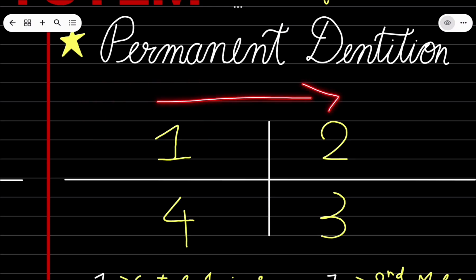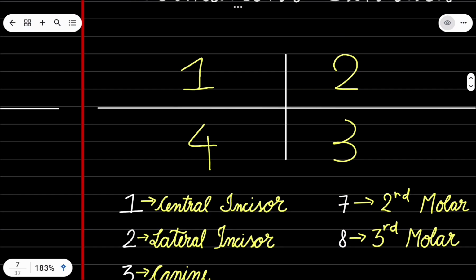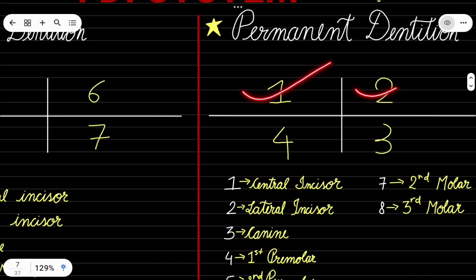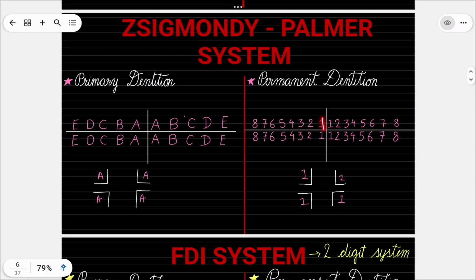So we will give the numbers in such a way, just as we had for the universal system. This is the sequence which we will be following. After we have given the number to each quadrant, the first digit will be of the quadrant and the second digit will be of the specific number of the tooth. Just as we did in the Zsigmondy-Palmer system, we had given each tooth a specific number.